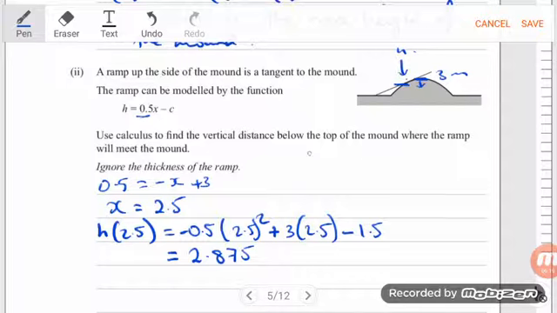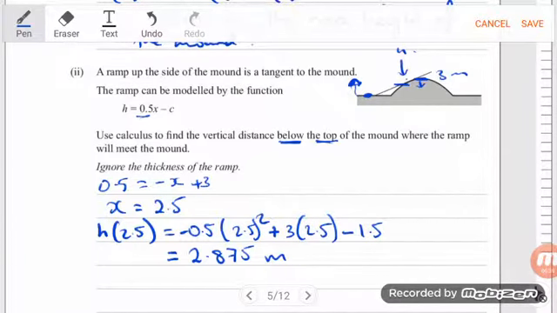But they want to know the distance below the top. Not the distance from the point P up. Okay, so this gives us the vertical distance from point P. We don't want that. We want below the top.